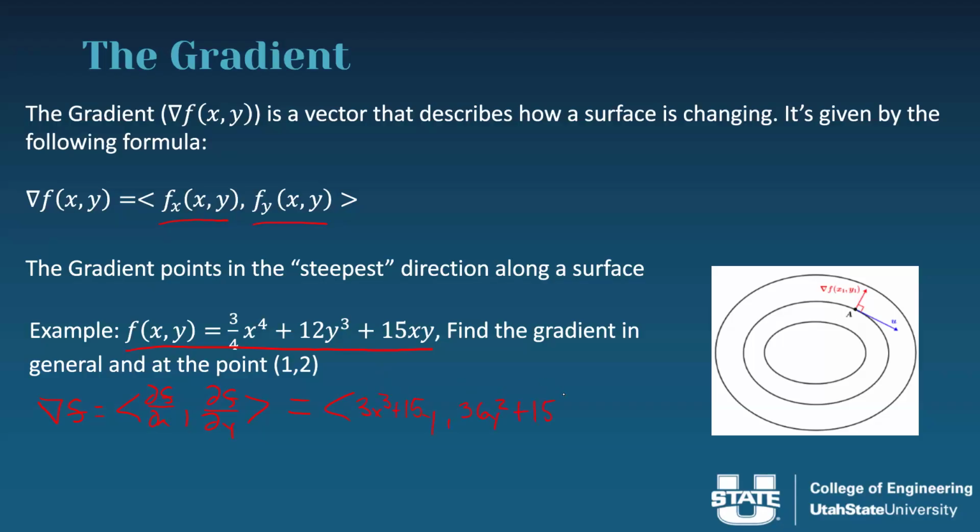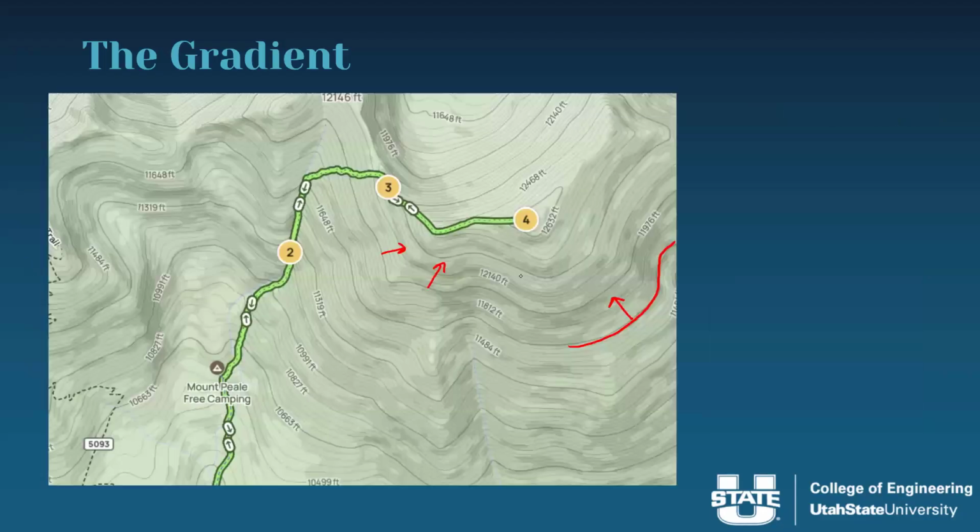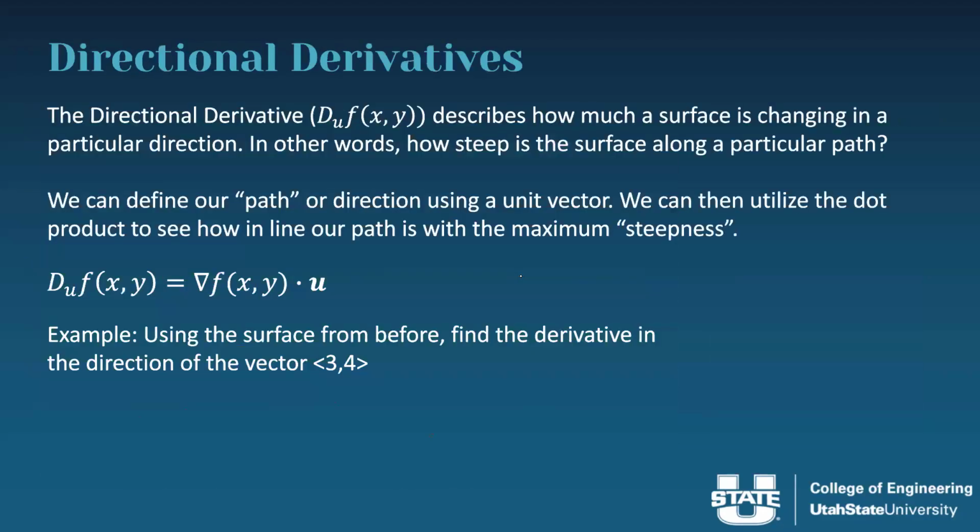Yep, totally. So that is our gradient. So for any given point x and y, we can plug them in, and the vector that it spits out will be in the direction of steepest slope on the surface. That makes sense. Cool. And that's what I've already showed you.